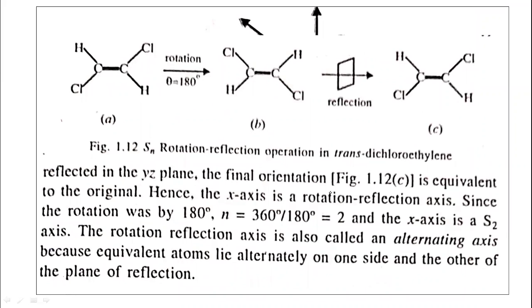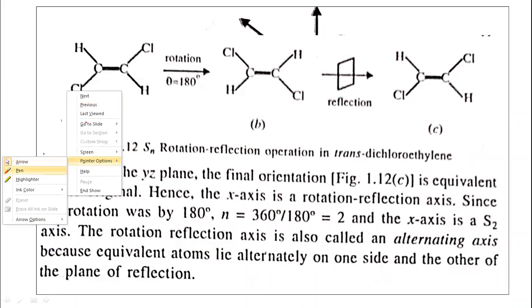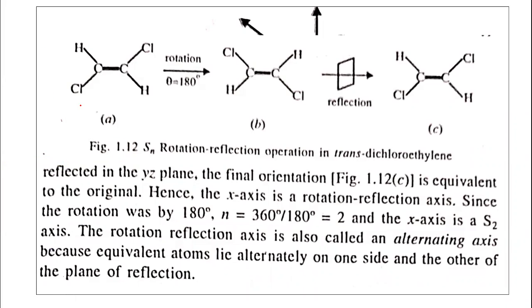So let us take the example of this. This is the trans dichloroethylene molecule. This molecule has a center of symmetry.